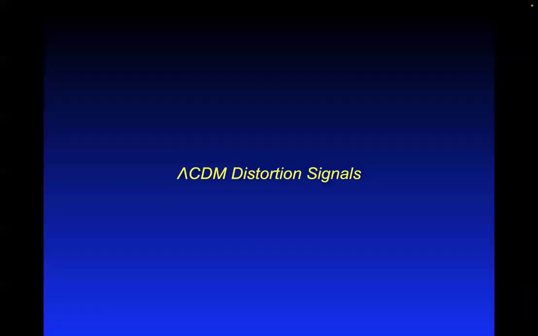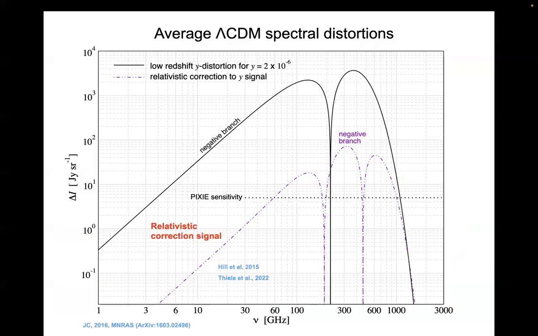Okay. So let me talk about the Lambda CDM distortion signals first. I already mentioned the relativistic correction signal and also the average sky y distortion, just coming from the cumulative flux, if you will, from clusters of galaxies and all the hot gas in the universe.